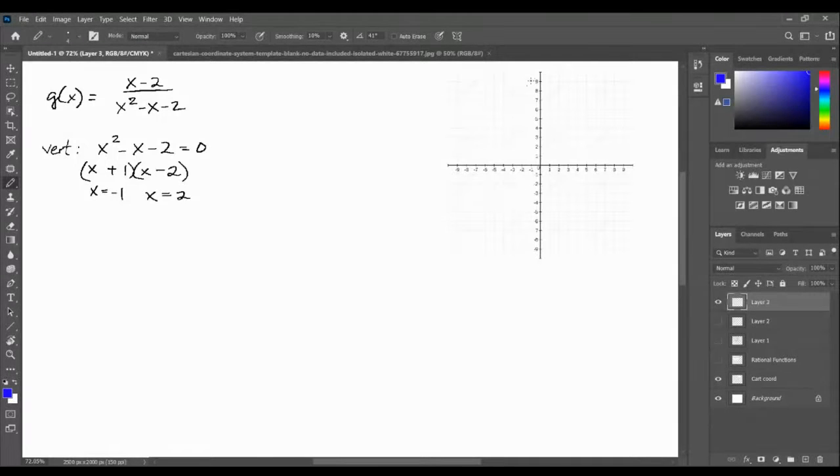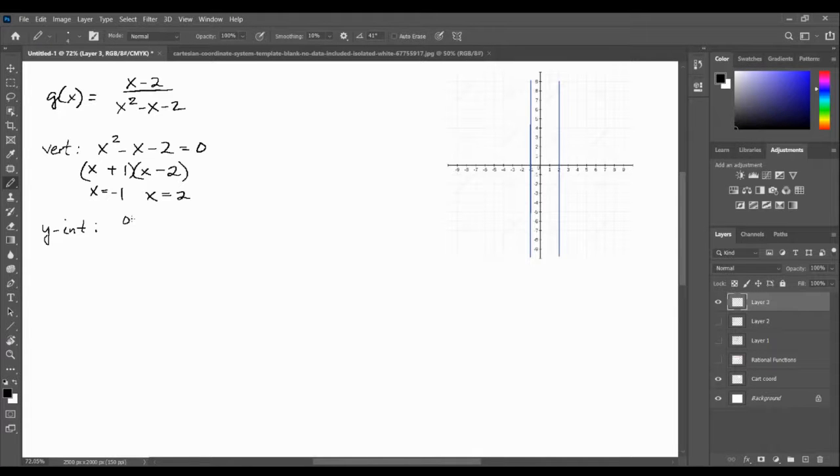Let's go ahead and graph those. So there are some vertical asymptotes. X-intercepts. Well, let's do y-intercepts first. Y-intercept, you set x equal to 0.